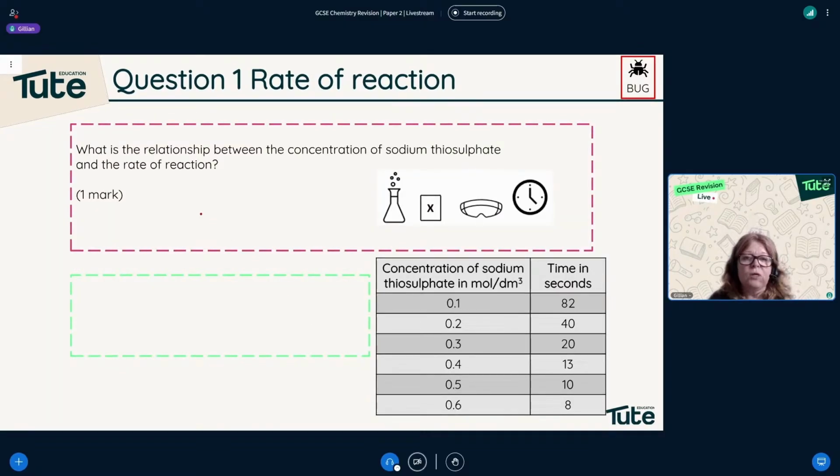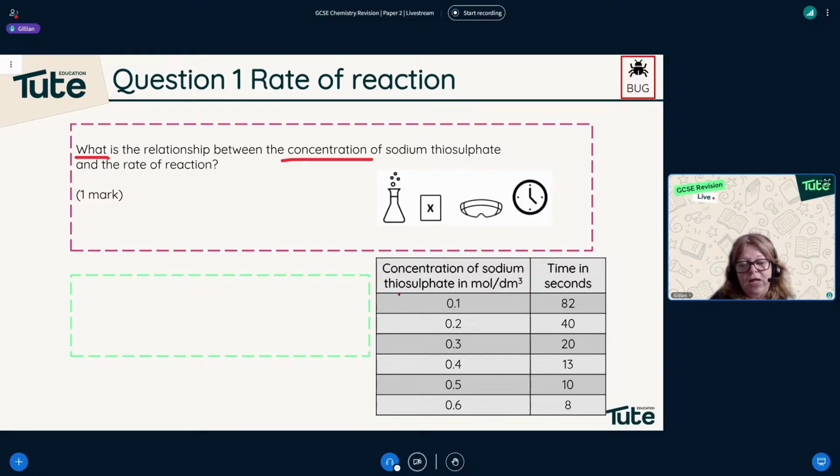So next question. What is the relationship between the concentration of sodium thiosulfate and the rate of reaction? Looking at our results table, what's the relationship between these two variables? As I'm increasing the concentration of sodium thiosulfate, what is happening to the time taken for that cross to disappear?